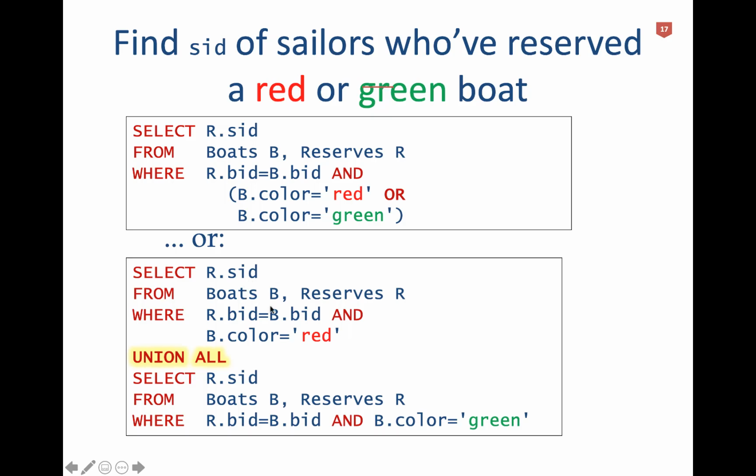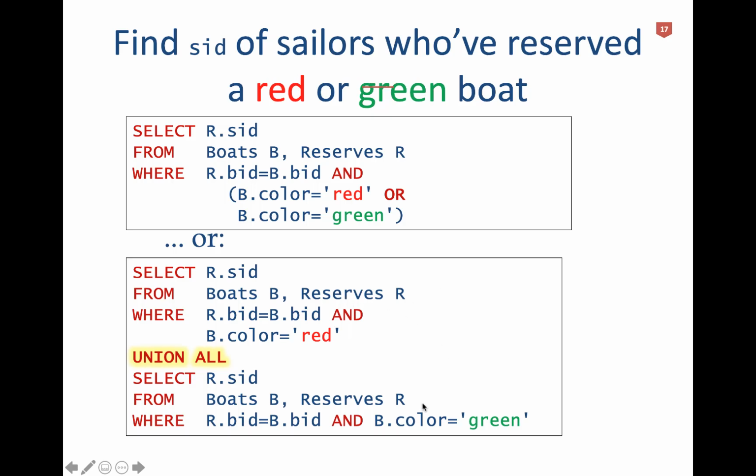Another way of doing the same thing is, again, I want to see the SID of the sailors who have reserved boats that are red. So in here I'm going to join on the boats in order to see the specification of this boat, specifically the color of the boat, that's red. And I can use the keyword UNION ALL, so it will combine, because the result of any query is actually, in this case, a table.